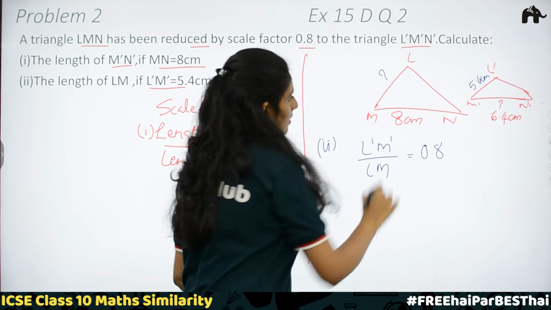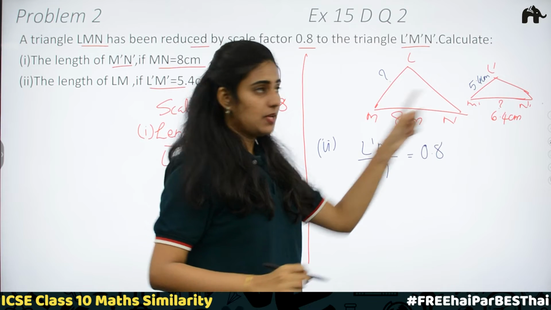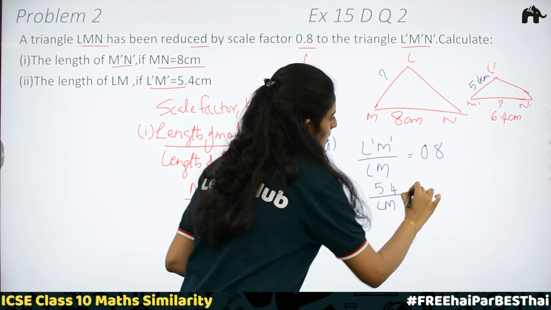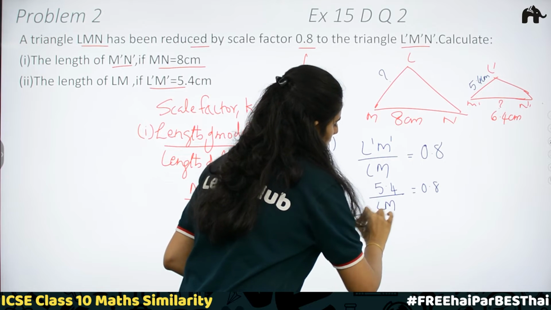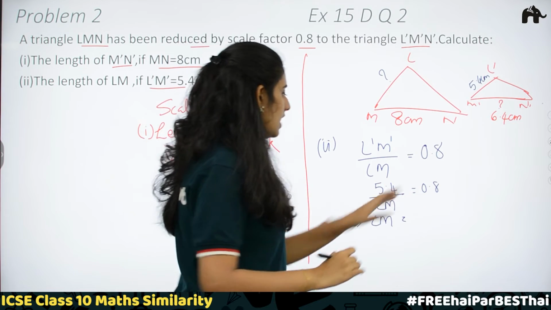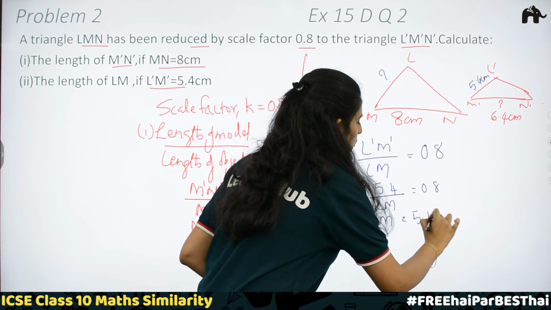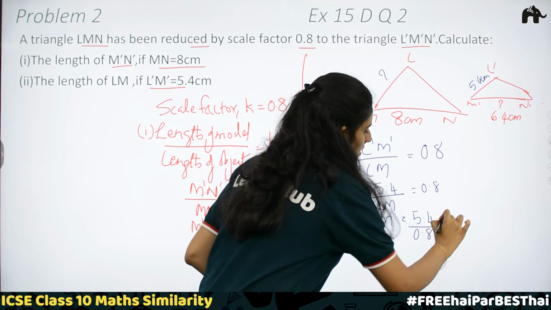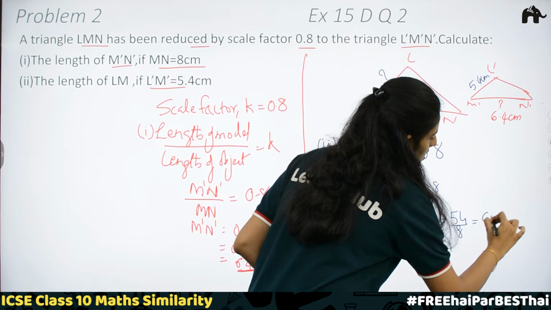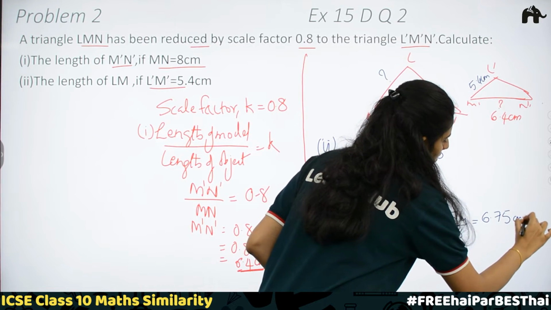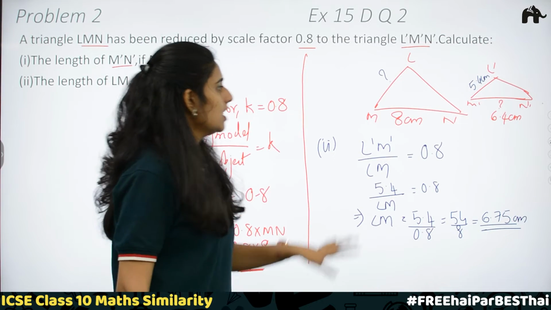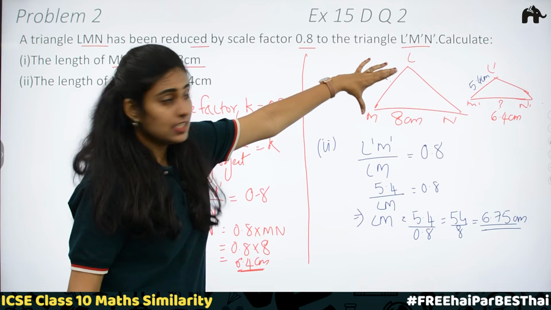Therefore, we have the value L dash M dash, which is 5.4 divided by LM is equal to 0.8, which implies LM is equal to, cross multiplying, we get LM is equal to 5.4 divided by 0.8, which is 54 divided by 8, and that is equal to 6.75 centimeter. So, 6.75 centimeter is the length LM.